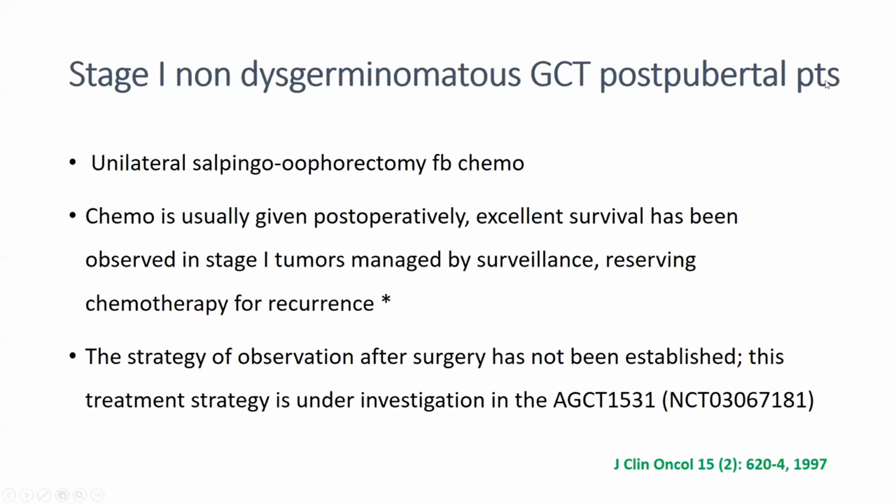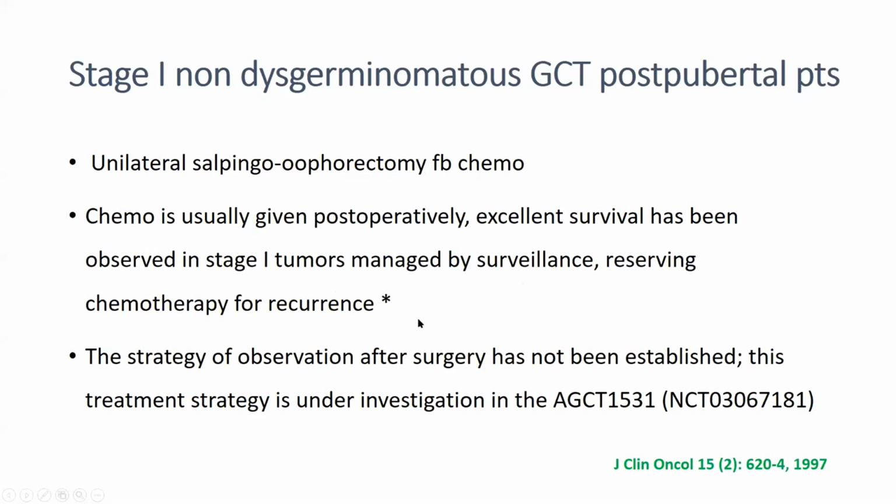For the post-pubertal age group, because the prognosis is not as good as in the pre-pubertal age group, generally surgery is followed by chemo. Again, there is a doubt whether to give chemotherapy or whether we can keep these patients on follow-up.